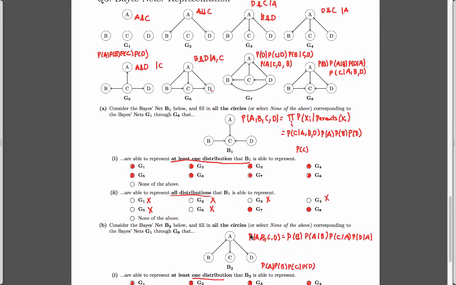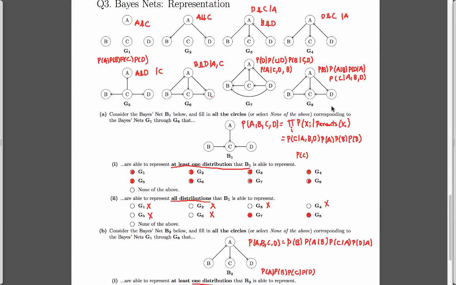So next let's look at G4. Before we found that D is independent of C given A. However, this independence is represented in B2. And we can see that the only difference between G4 and B2 is that 2 of these arrows are swapped.